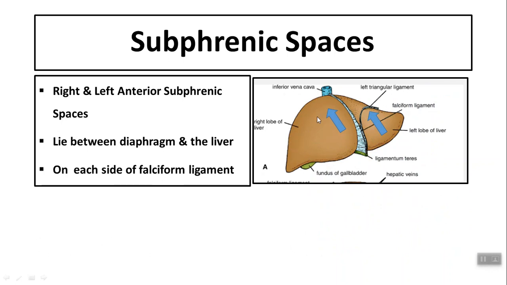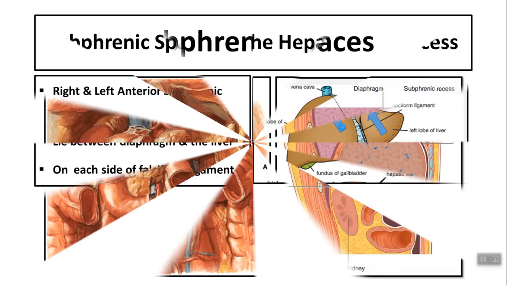They lie between the diaphragm and the liver, each one on each side of the falciform ligament. So the falciform ligament is in between the right and left anterior subphrenic spaces.